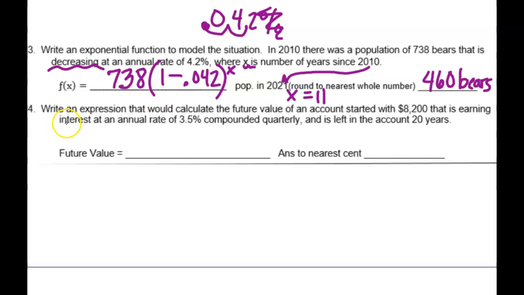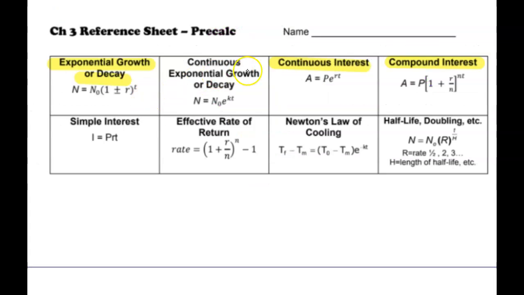All right, the next one says write an expression that would calculate the future value of an account with 8,200 that is earning interest compounded quarterly. That's your hint, right? Compounded quarterly. So we are using this compound interest formula. Does everybody know what all those things stand for?